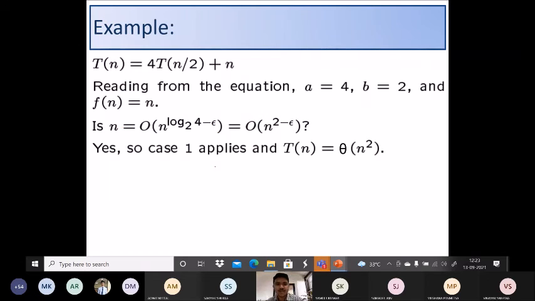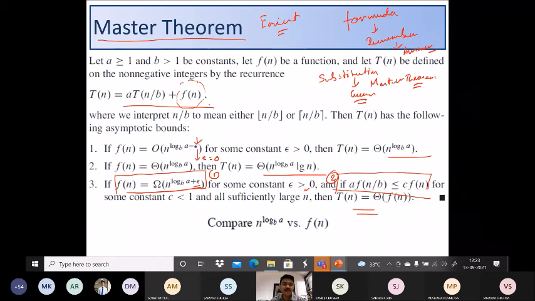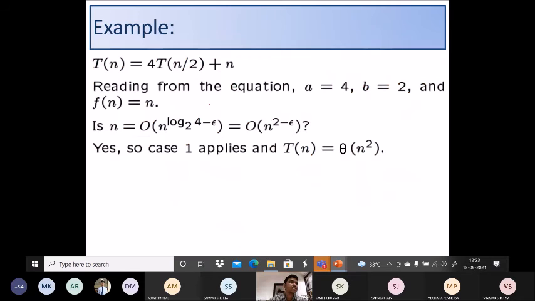Okay, fine. So it is written. Let's go to the formula: T(n) = aT(n/b) + f(n).